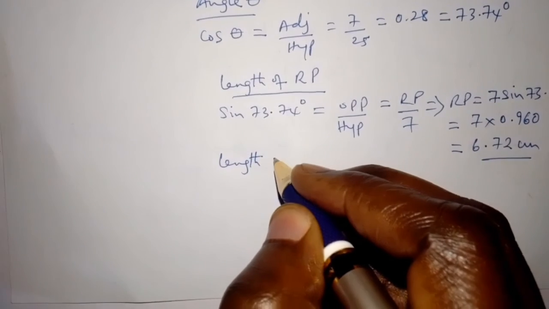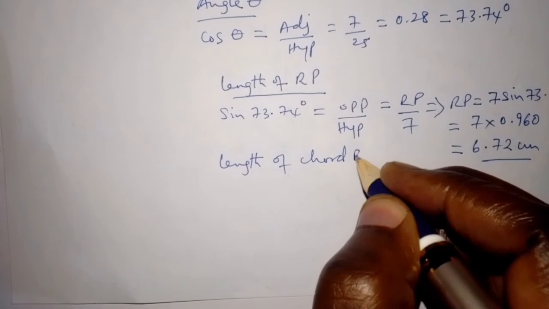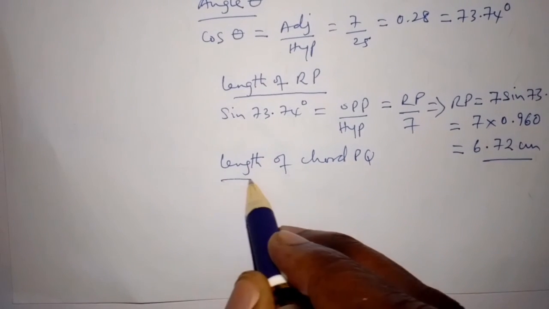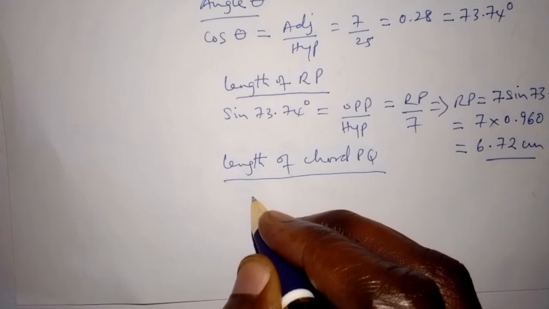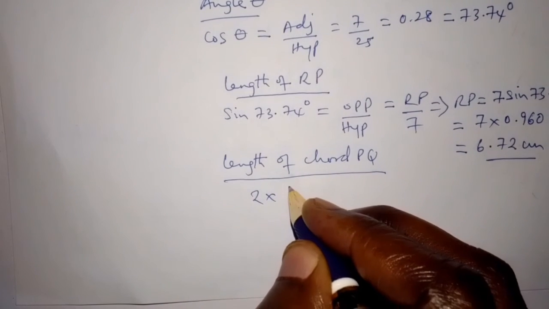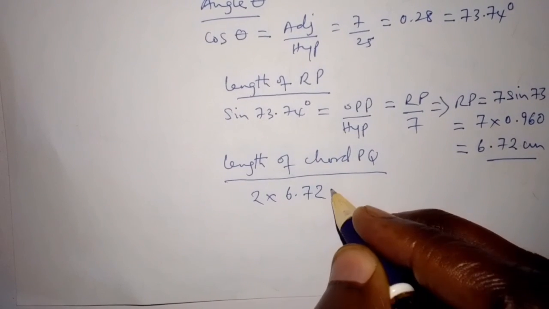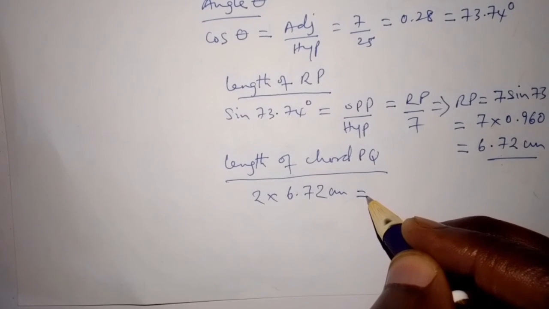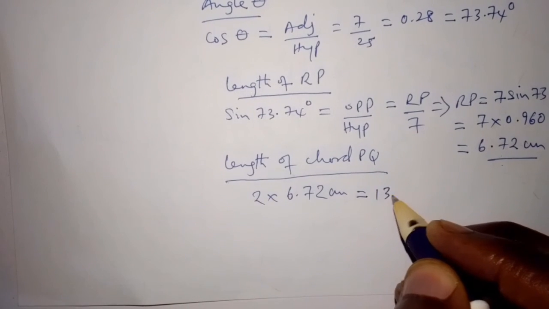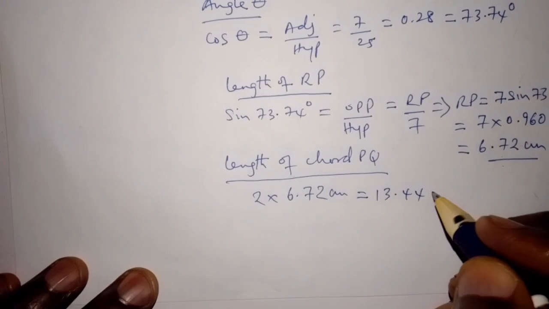The length of chord PQ is 2 times 6.72 centimeters, which is giving us 13.44 centimeters.